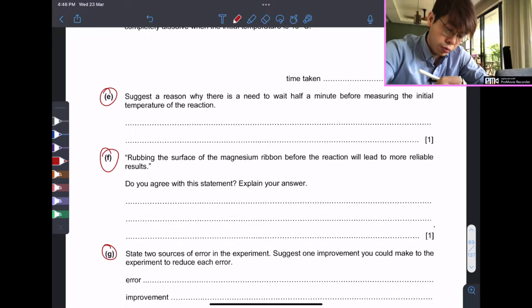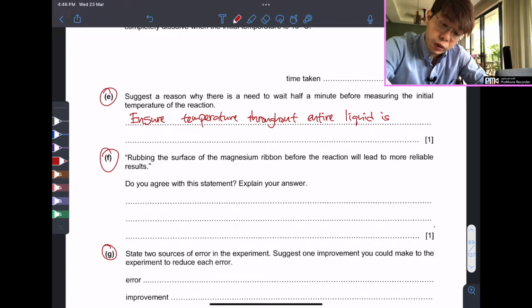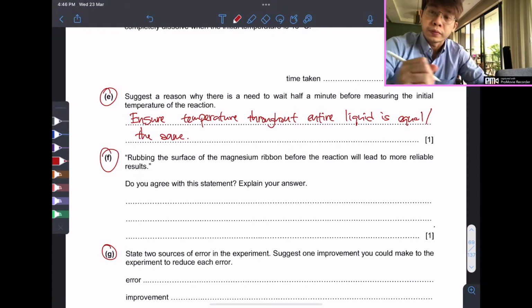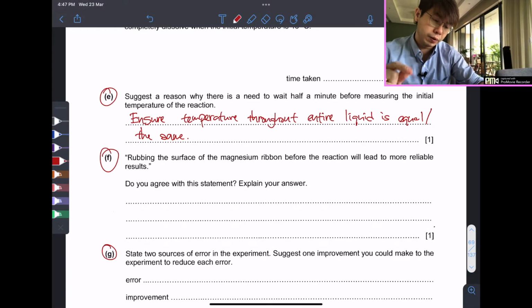So we are trying to ensure the temperature throughout the entire liquid is equal, okay, or the same. We're just making sure that the whole liquid is the same temperature. Okay, so that's why you need to let it wait for a while.